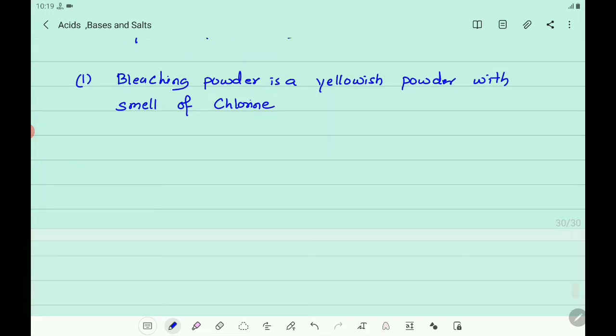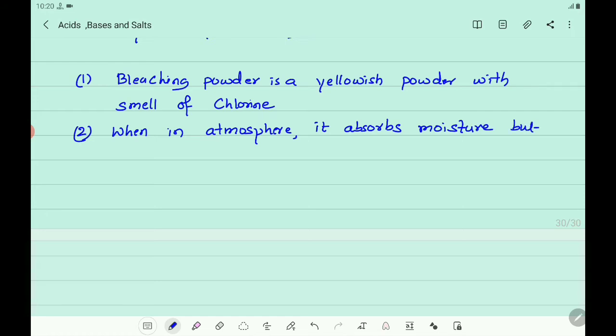When in atmosphere, it absorbs moisture but it is not deliquescent.